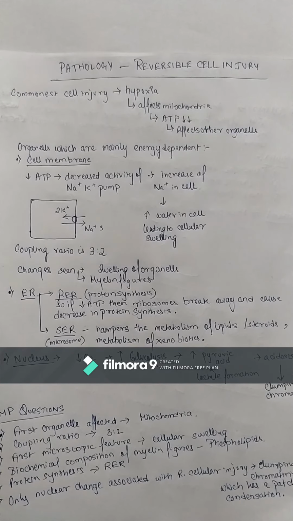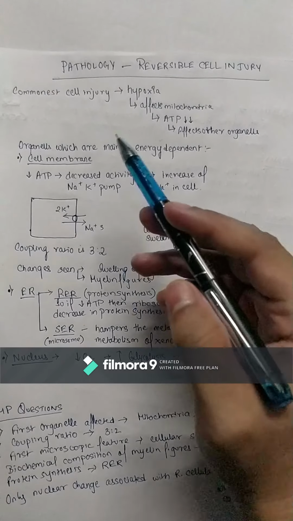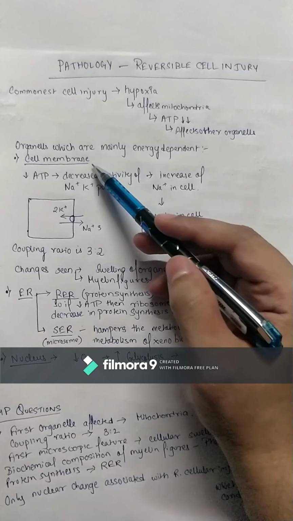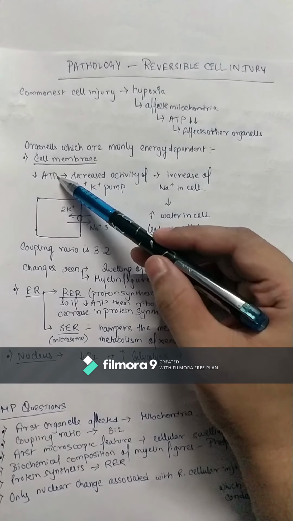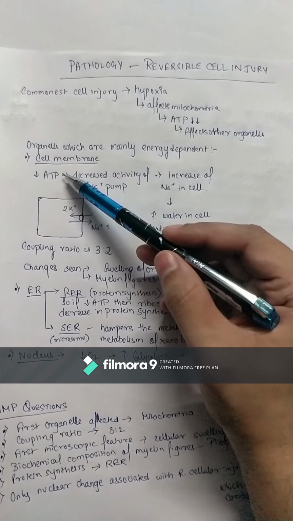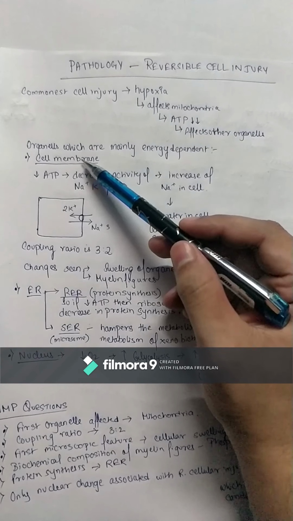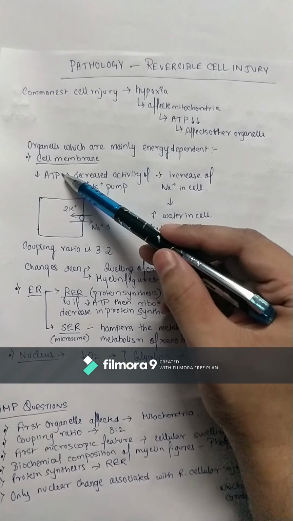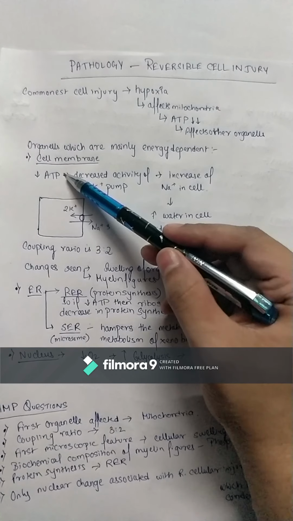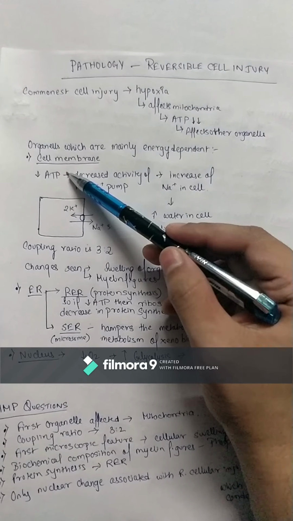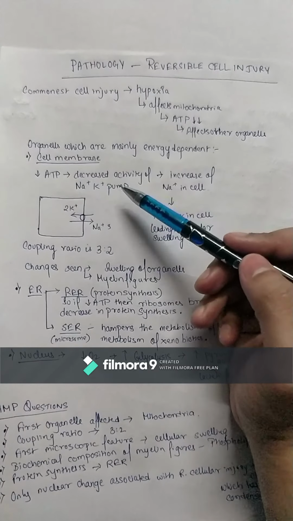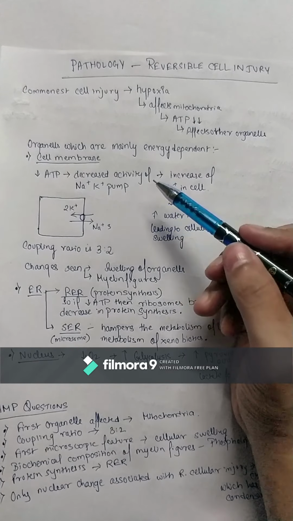We are going to start with the first organelle, which is the cell membrane. If there is a decrease in the formation of ATP, we can see a decreased activity of the sodium potassium pump.